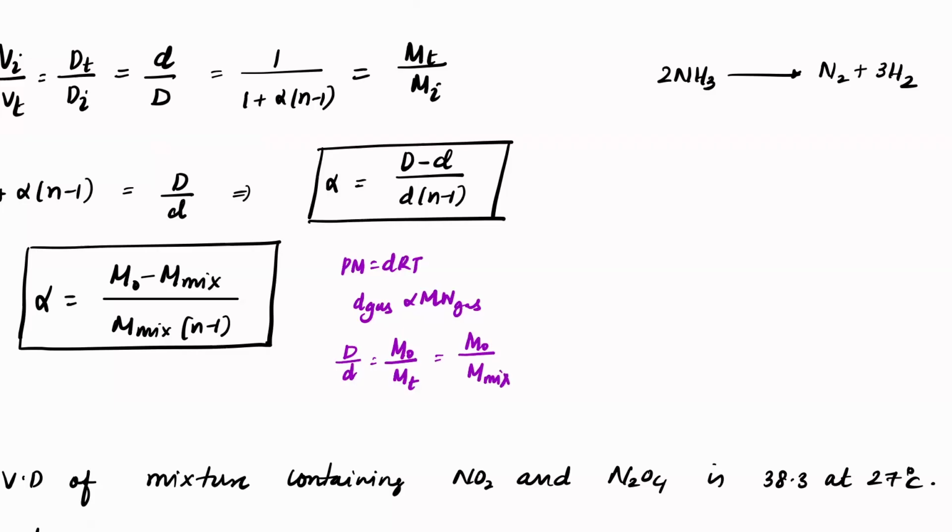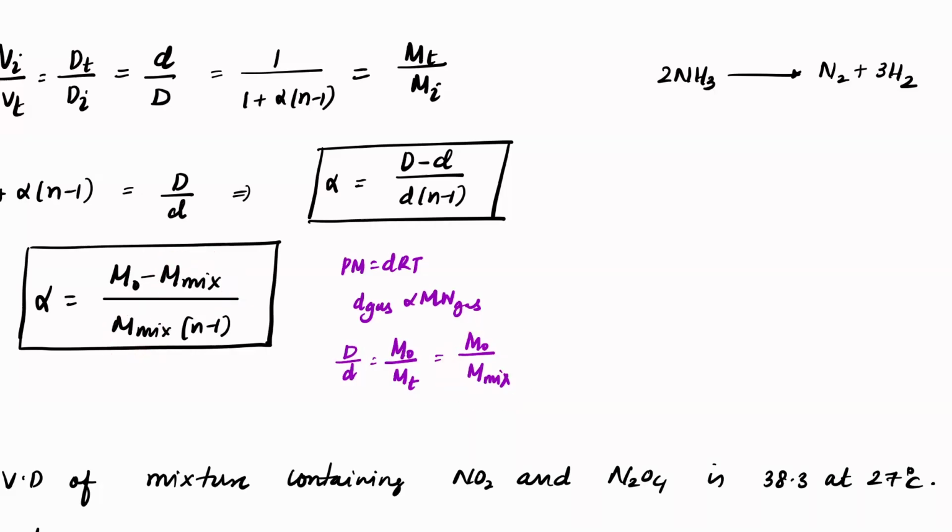So wherever there is D by d, I can replace it by M naught by M mix. So D minus d by d can be replaced with M naught minus M mix by M mix.